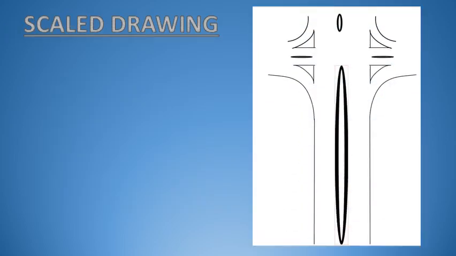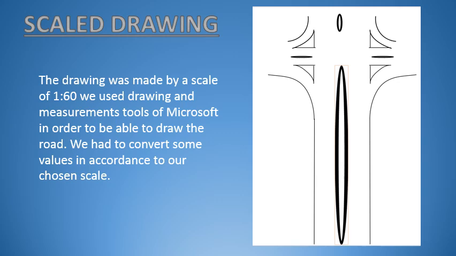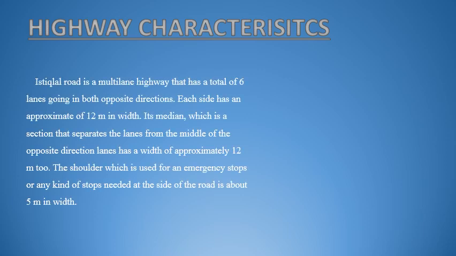As you can see here, this is our scaled drawing, and to be able to draw the road, we used the drawing application and measurement tools of Microsoft. Also, we had to convert some values in accordance with our chosen scale. Istiqlal Road is a multi-lane highway that has a total of 6 lanes going in both opposite directions.